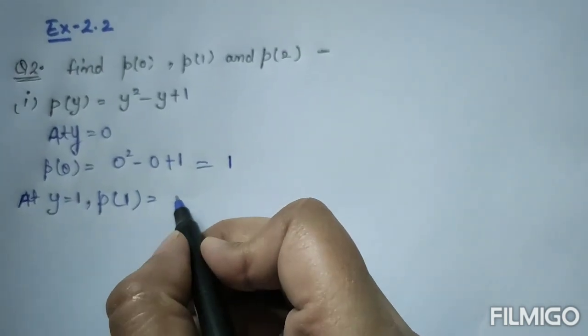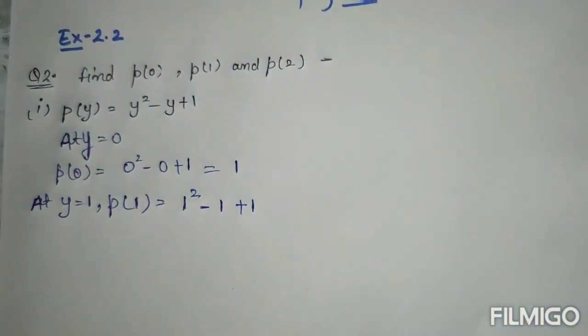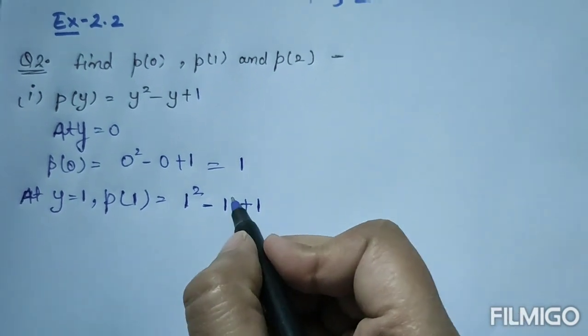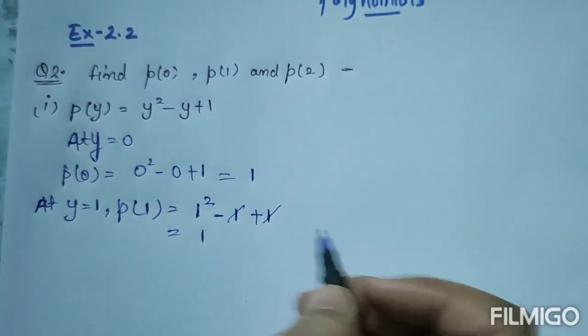So p of 1 is 1 square minus 1 plus 1. Clear? So look, plus and minus will cancel out and it will become 1.